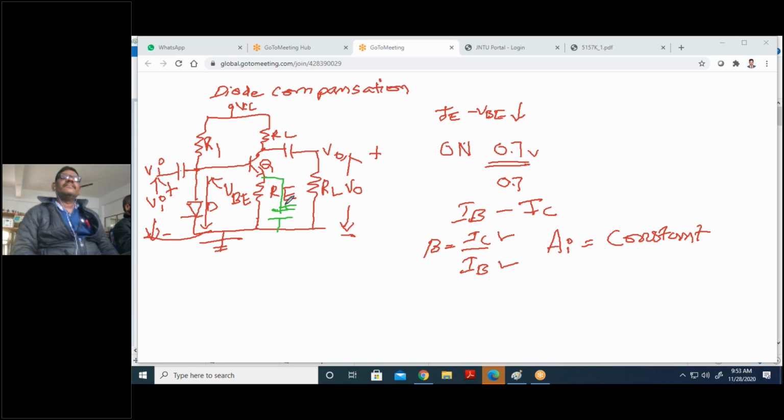Positive is connected to the emitter terminal and negative is connected to ground.